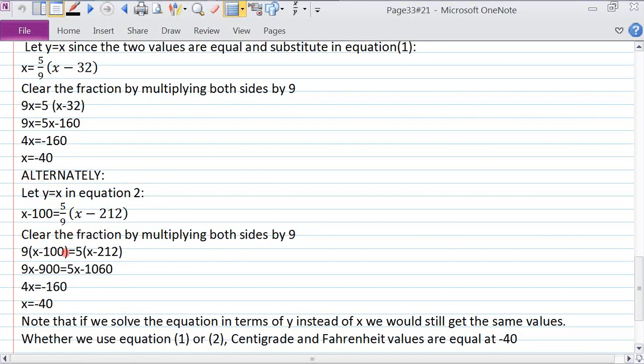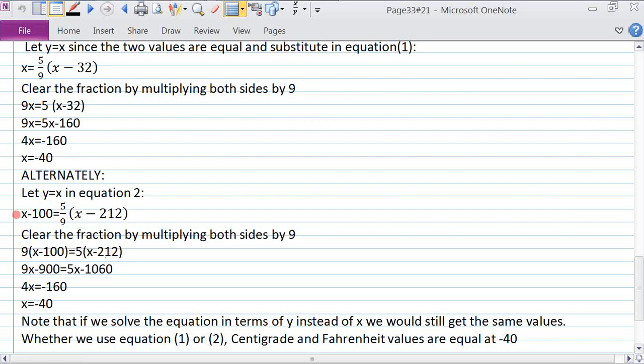Alternately, we could say y equals x in equation 2, for example, and instead of having y minus 100, we have x minus 100. This x stays the same, and we're going to clear the fraction by multiplying both sides by 9. So we get 9 bracket x minus 100 here, and this equals 5 times x minus 212.